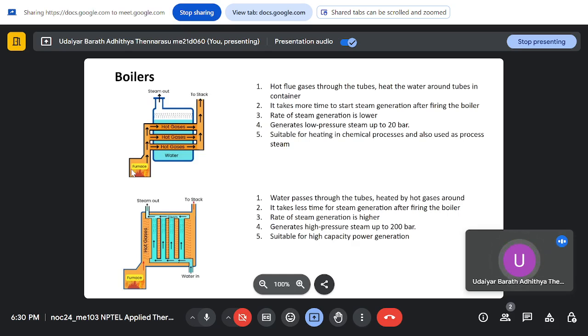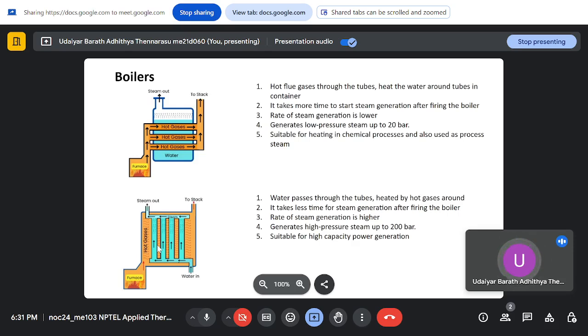You burn something, so the gases at a very high temperature will be passed through the tubes, and that in turn will get cooled down through the passage of the tube, and it will pass the energy to the water, and the water will in the process boil and produce steam. So that is a fire tube boiler.